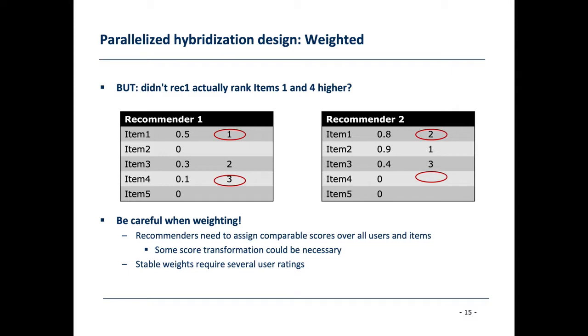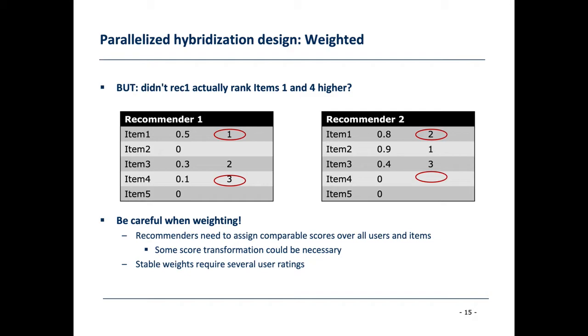So the reason that these things will work is if you have scores that are similar across all users and items. So if you've got that, i.e. if all users are equally pessimistic or optimistic, depending on your point of view, this will work quite well.